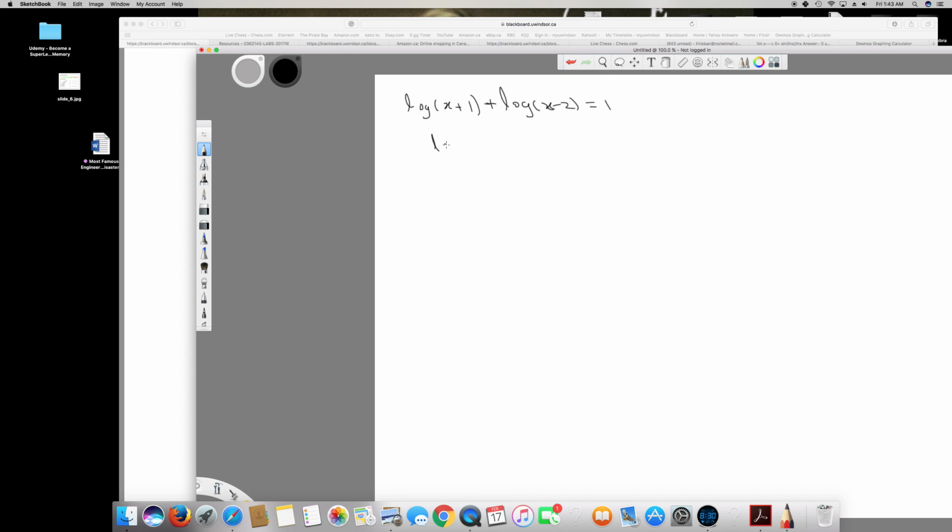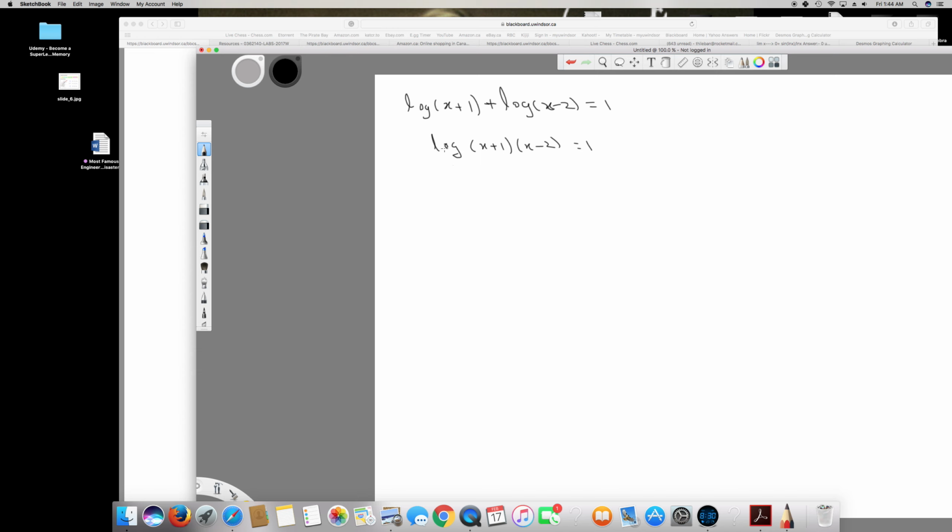So log of (x plus 1) times (x minus 2) is equal to 1. Now if they have given log alone, it means it's 10 to the power of.